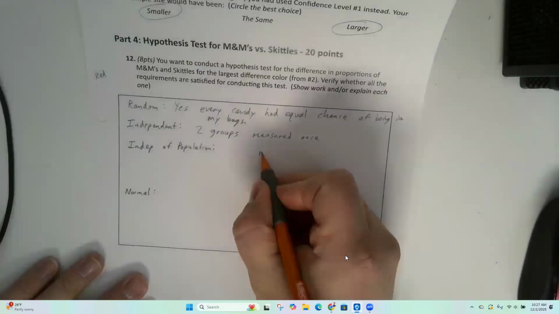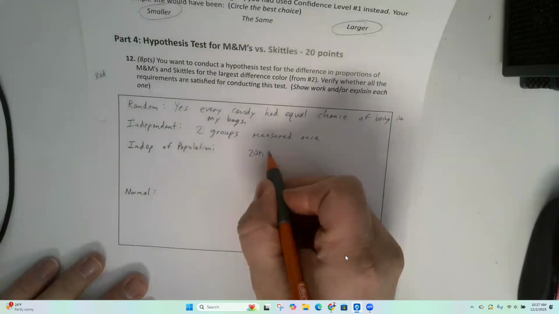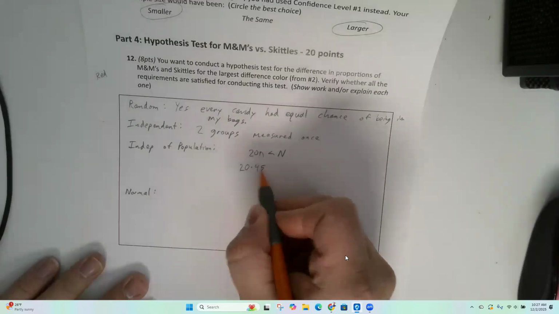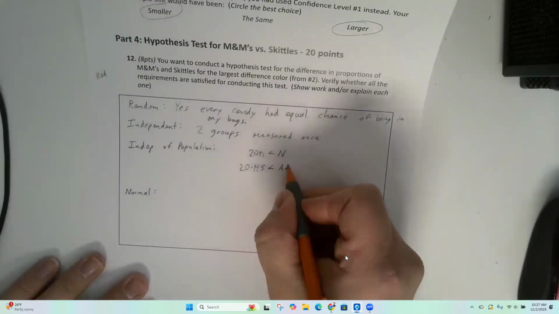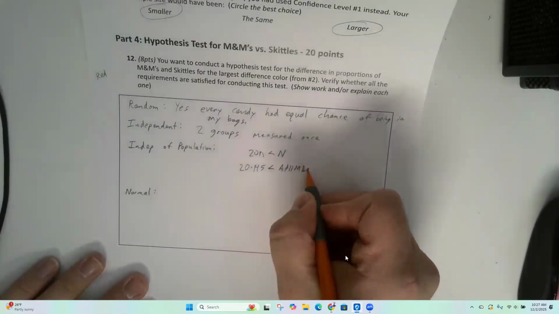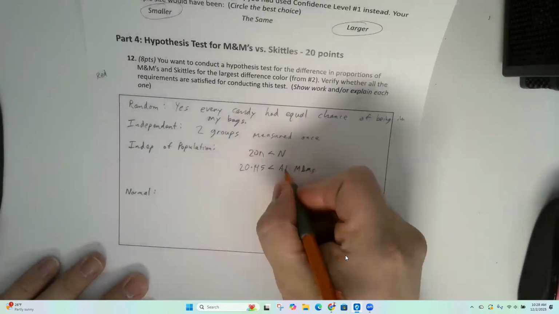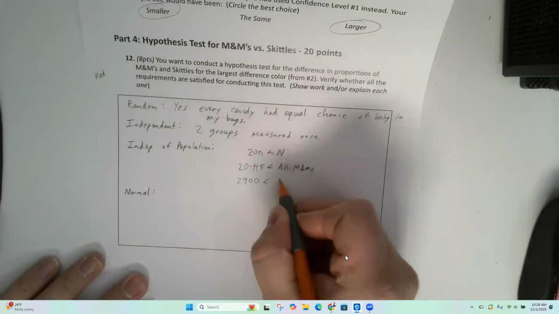Independent of population. So I need to check 20N is less than N. M&Ms, that is 145, all M&Ms. So 2900, all M&Ms.